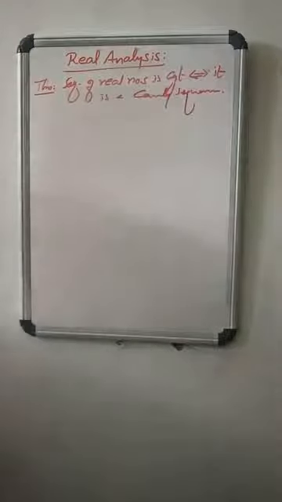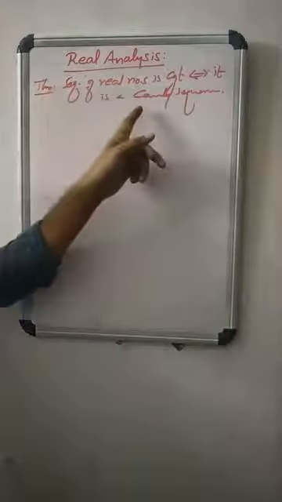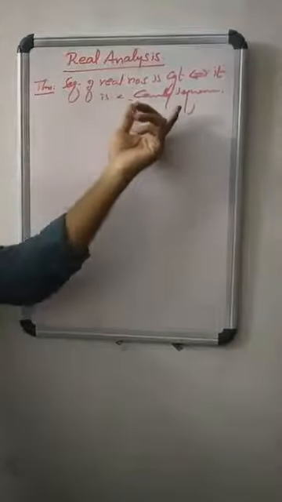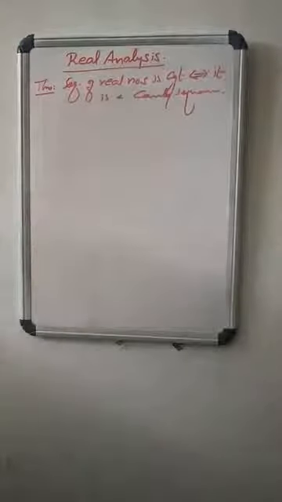This is an important result. If a sequence of real numbers is convergent, then it is Cauchy. Conversely, a Cauchy sequence is always convergent.